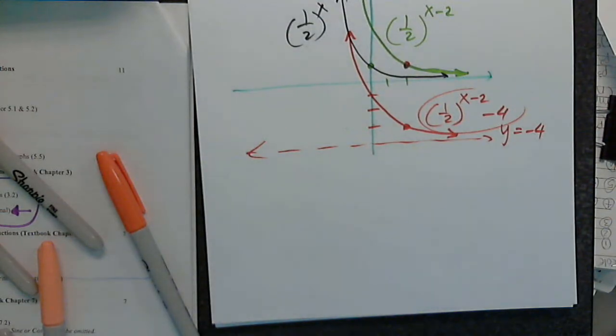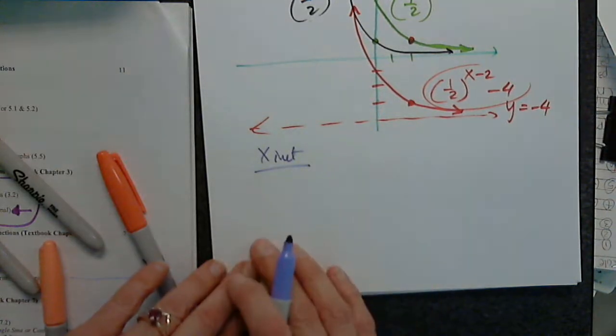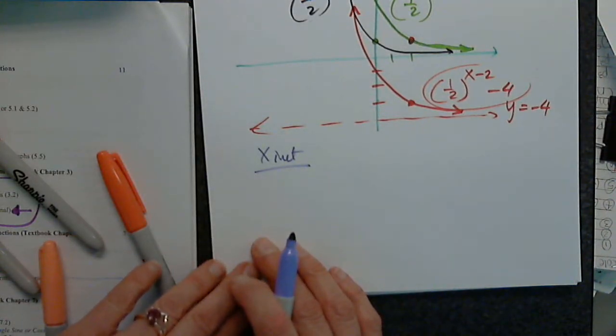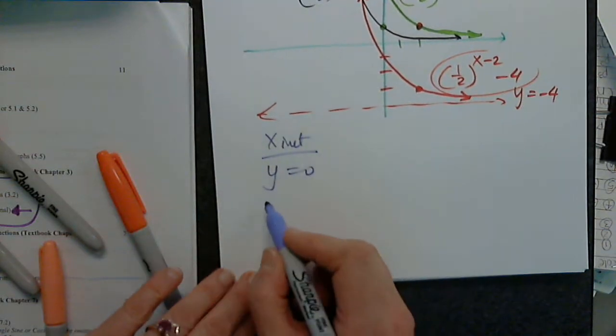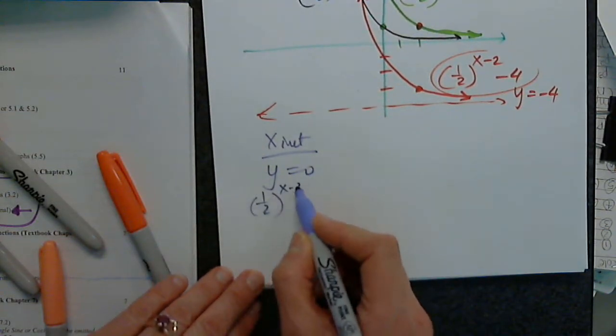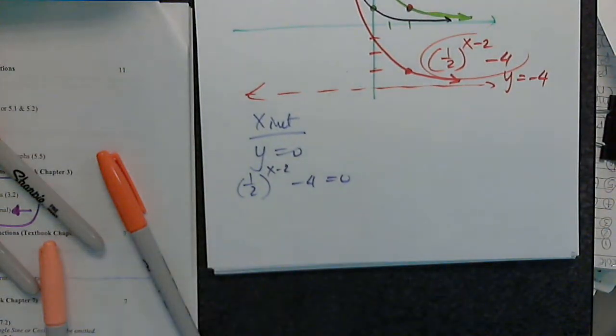That's no question. Okay. How do I find the x-intercept of a function? Any function. For the x-intercept, y equals 0, which means 1/2 raised to x minus 2, minus 4 equals 0. And you know what will be the first question I'm going to ask you here?